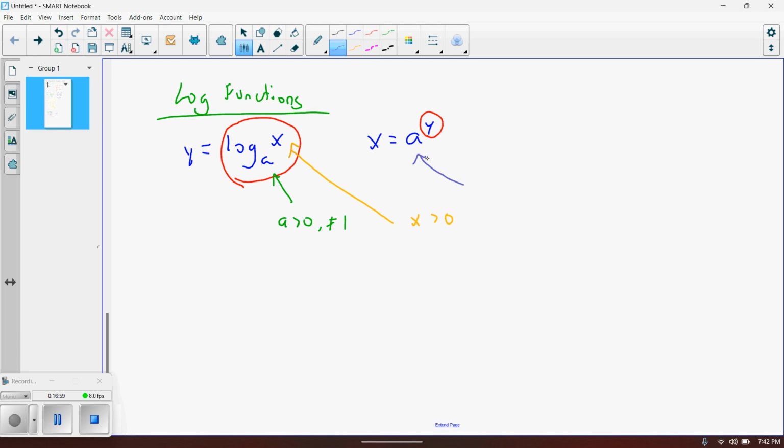There is no way to get a negative number by multiplying positives together. There is also no way to get 0 by multiplying two positive numbers together. So that's why, in the domain of log functions, you cannot take the log of 0 or a negative number, because when you change it into an exponential, it just doesn't work.